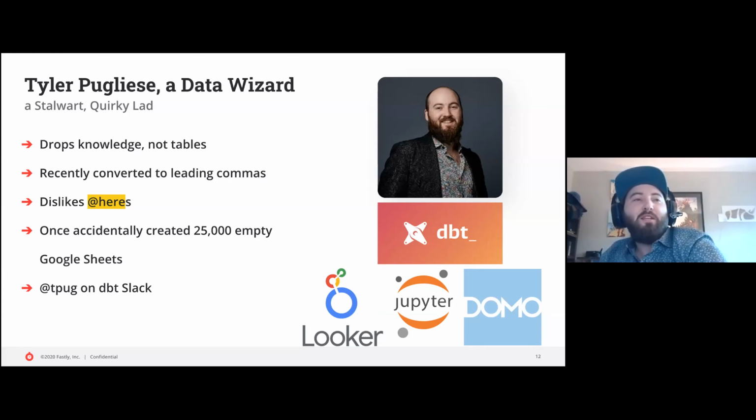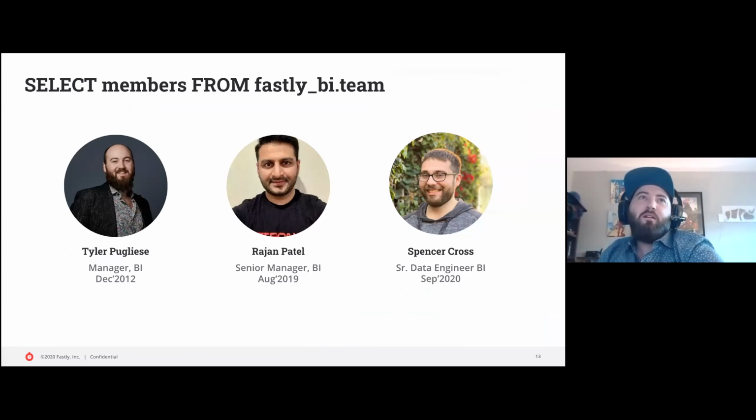Not that common of a mistake, but I did it. And if you're looking for me on DBT Slack, I'm at tpug, which is close to my handle at work. That's me on the right. Big fan of DBT, Jupyter, Domo, and Looker. I've spoken at other DBT meetups and Domo Palooza for the past 2 years. Really big fan of that, but that's sort of why I'm here.